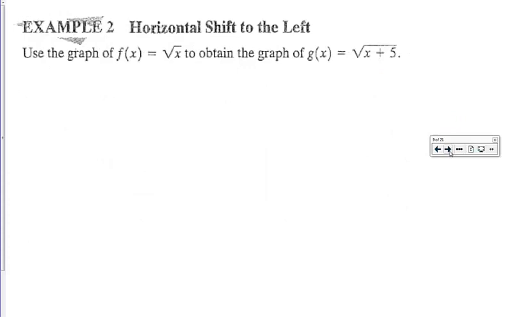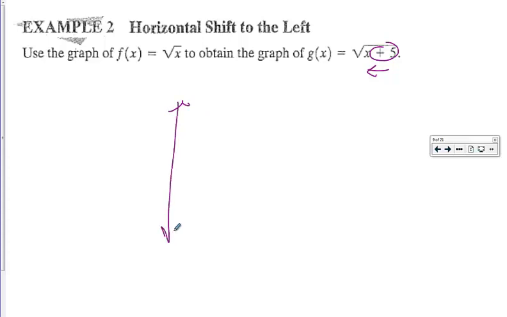So, for example, use the graph of f of x equals the square root of x to obtain the graph of g of x equals the square root of x plus 5. If I'm adding inside here, that means it is a horizontal shift and it's adding, so I'm going to move to the left.